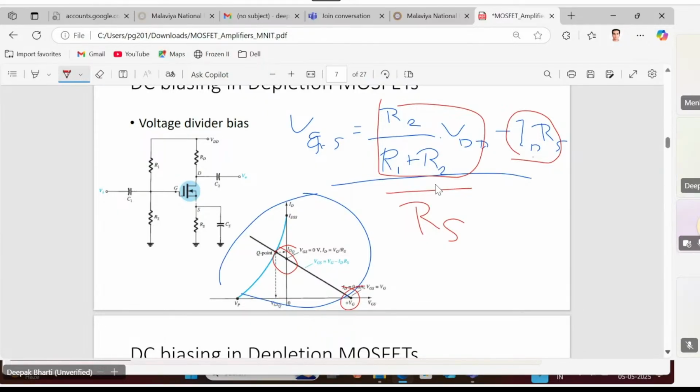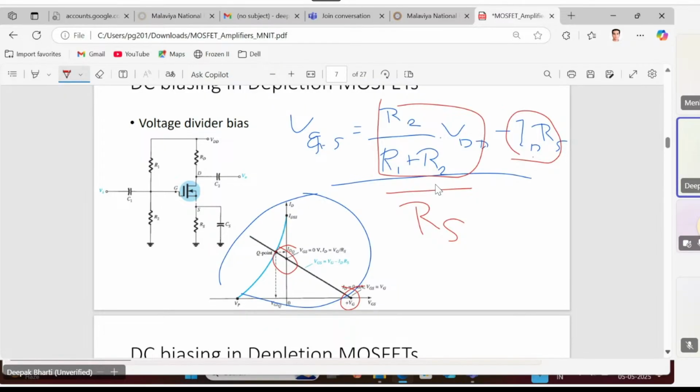So how can this operating mode be changed? Just by changing the intersection point. If the intersection point lies on the depletion side, it will operate in the depletion region, and if it lies on the enhancement side, it will operate in the enhancement region.